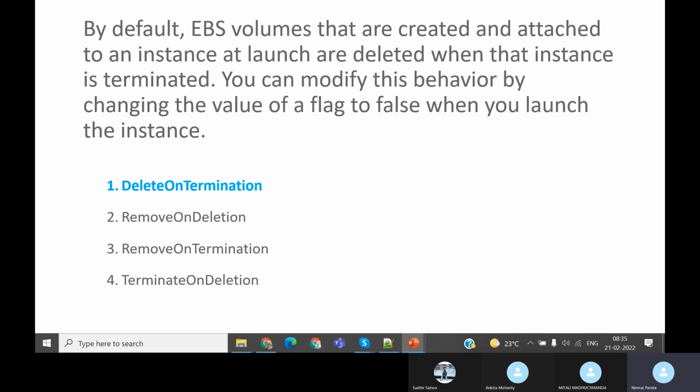But if you want your EBS root volume to be there for future use, or you want to create a snapshot, or create an AMI in future, you should disable this option so that when you terminate your instance, your EBS volume will not be lost. You will have your EBS volumes, right?